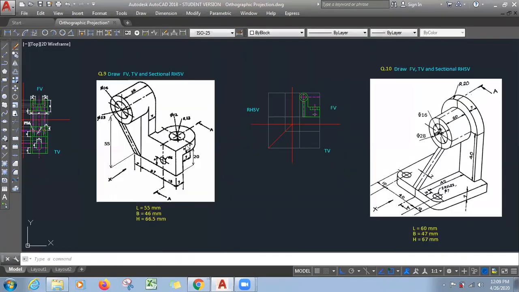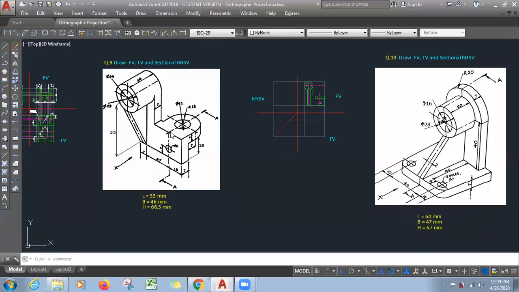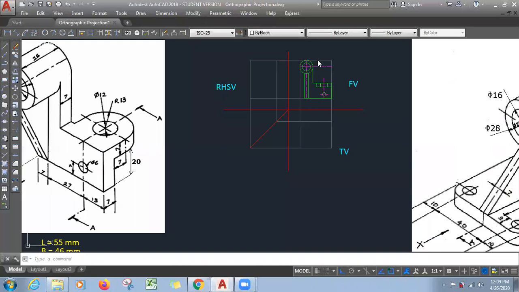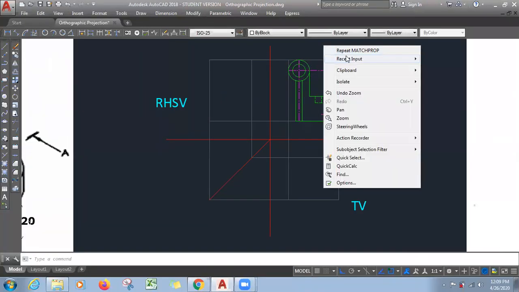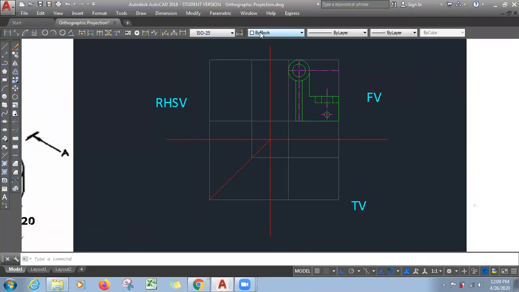Now this part is over, this front view is over, you see. Once you get the front view, what is the next part? To draw projections. To draw the projections, let us select a color for projections.